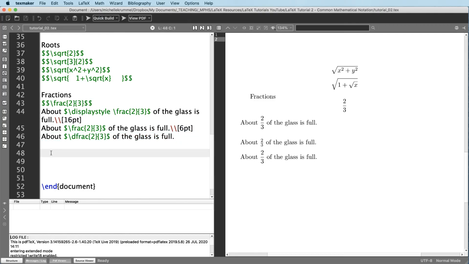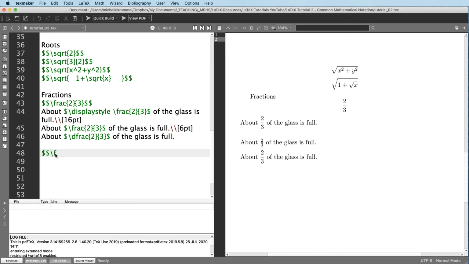Let's try a more complicated fraction. So I'm going to do a line break here again. No, I'll go ahead and put it in double dollar signs, so this isn't technically necessary. Let's do this. Let's do a square root inside of our fraction. So let's do the square root of x plus 1 over the square root of x plus 2.